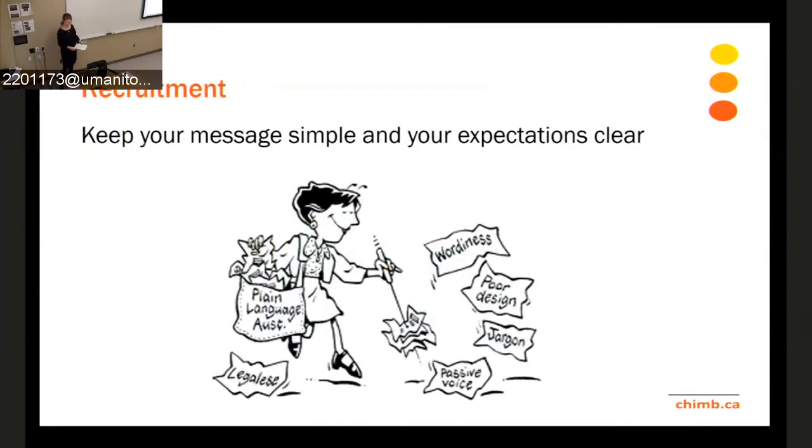Oh my goodness, this one's a funny one because I often ask researchers to send me a lay summary of their project. When they ask me, do you know anyone interested? Make sure your message is simple and that your expectations are super clear. Because you want no jargon, no acronyms.